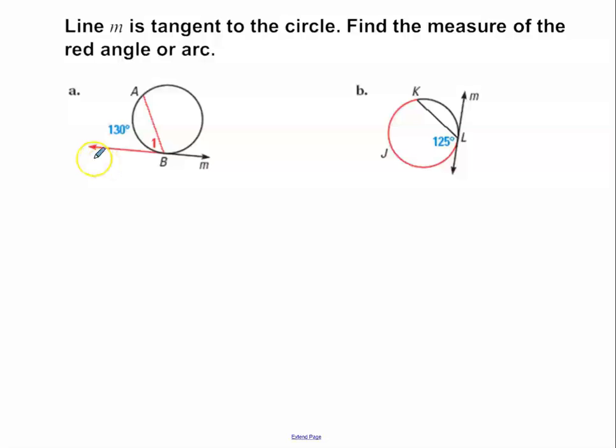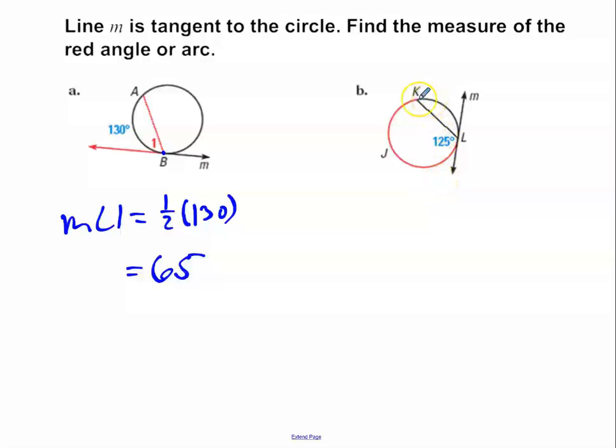Alright, so this first one we're asked for the angle. The vertex is on the circle, so the angle is half the arc. So the measure of angle 1 would be half of 130, which would give you 65. Alright, next one.